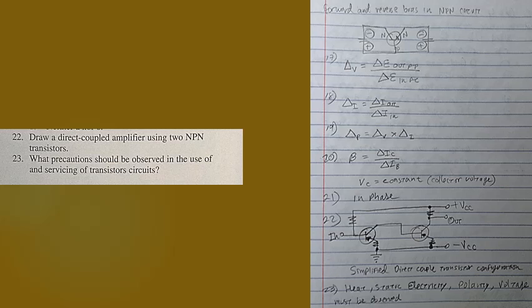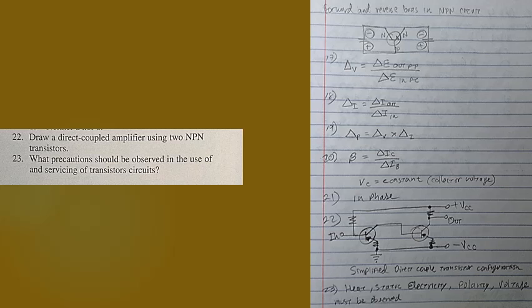Question 20. How is gain for a common emitter circuit computed? The formula is shown: beta equals delta IC divided by delta IB. Question 21.